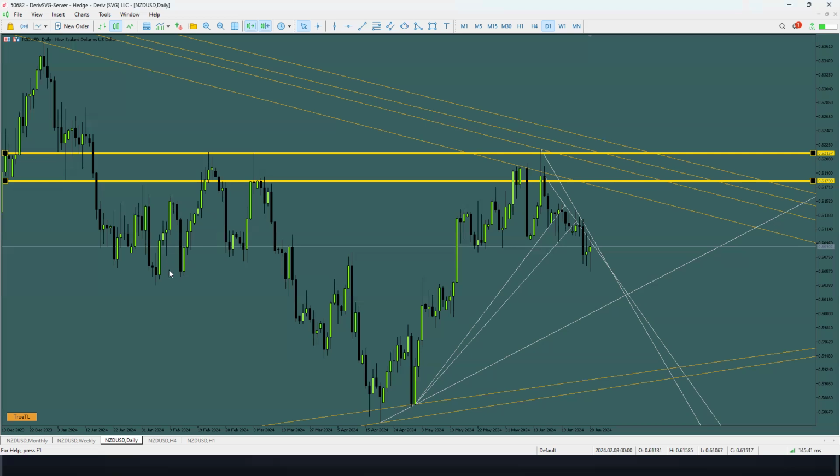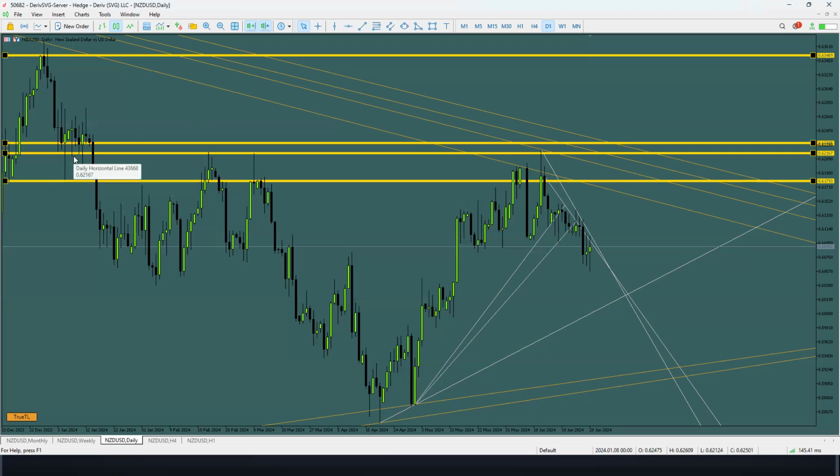When you see a bullish candle that is immediately followed by a bearish candle, it is a resistance. When you see a bearish candle that is immediately followed by a bullish candle, it is a support.